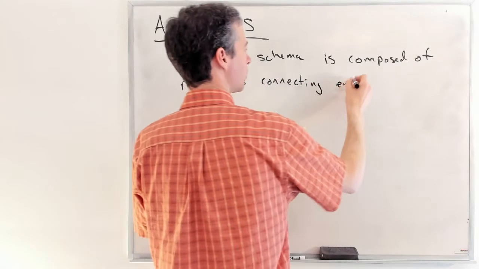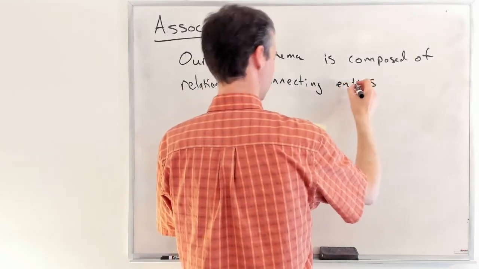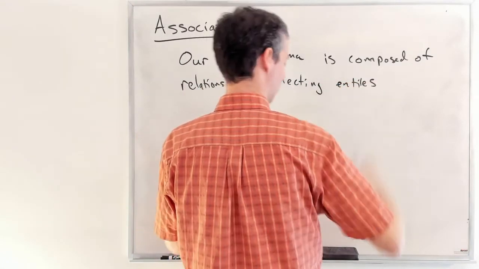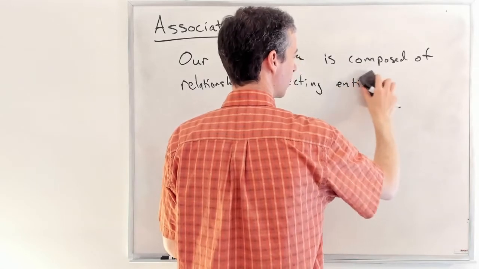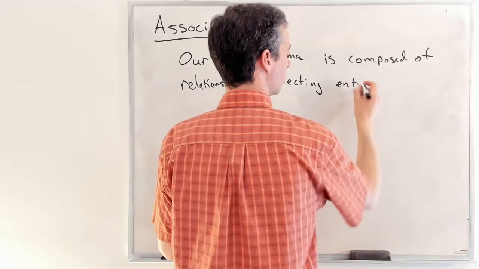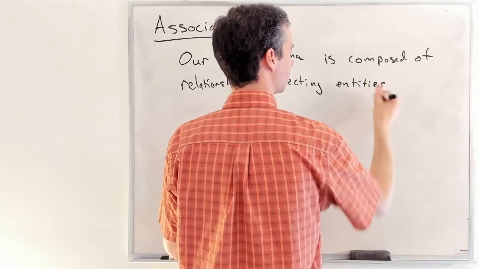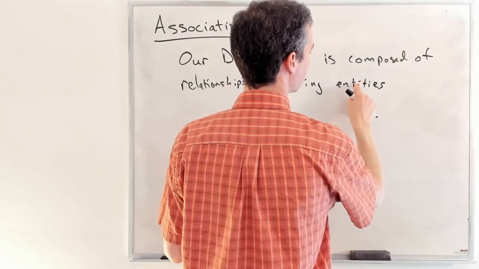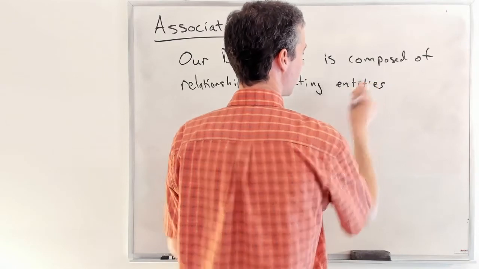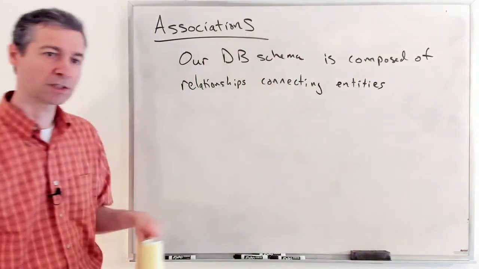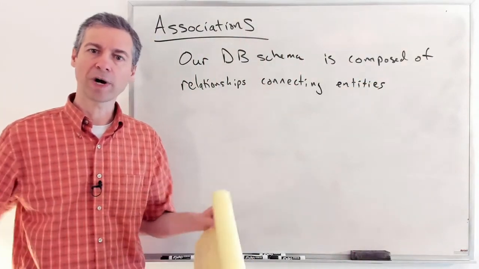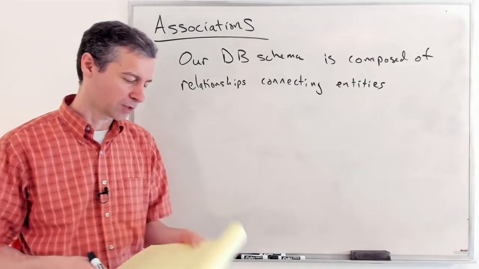Now, certainly, I suppose you could have some entities that are by themselves. We could certainly just have a single table. But in general, we think about most of our tables as having some sort of connection to other entities. That's where a lot of the power of our relational databases comes from.